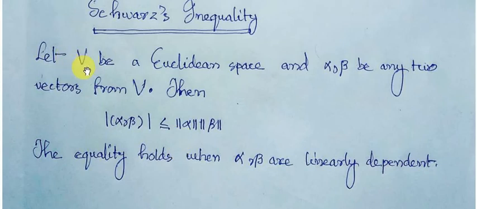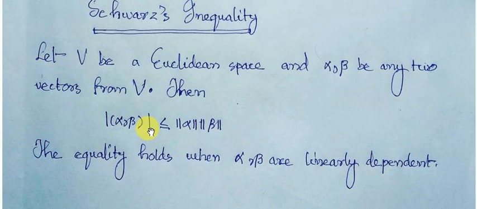This states that if we consider any Euclidean space and any two vectors alpha, beta, and if we consider the ordered pair alpha comma beta, that means the member of V cross V, the functional value under the inner product with respect to which this vector space V is the Euclidean space, the functional value of this point alpha comma beta will, of course, be a real number, as we are dealing with a real vector space, that means a real inner product. We are considering just the positive value of that real number.